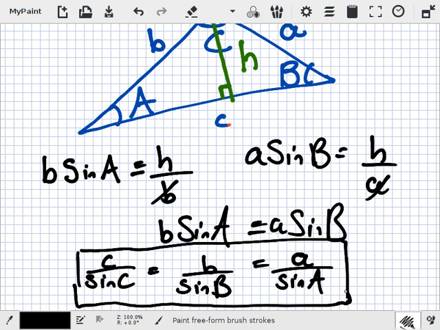Sometimes you can state it upside down: sine A over a equals sine B over b equals sine C over c.